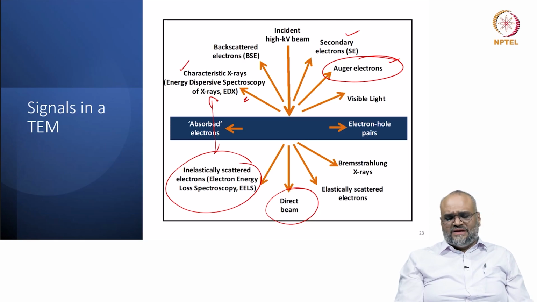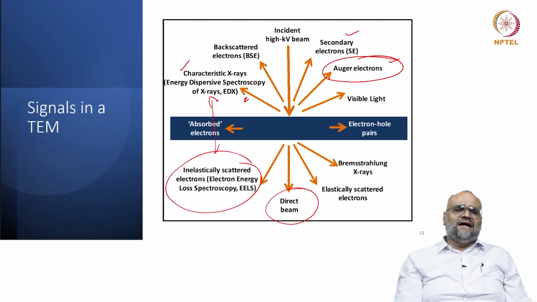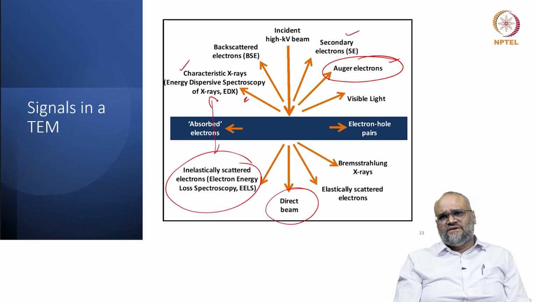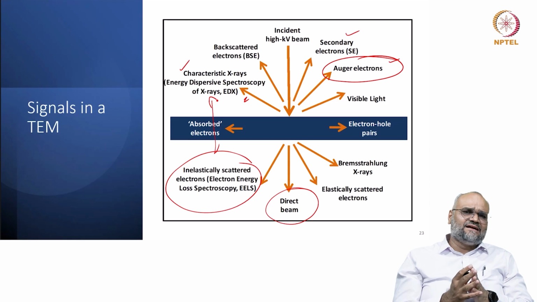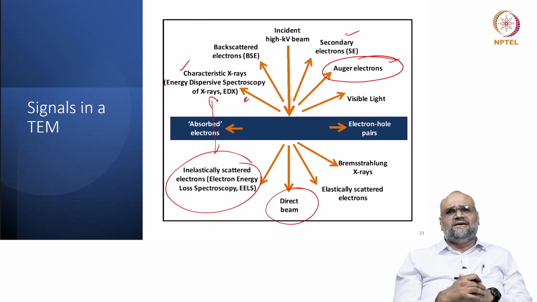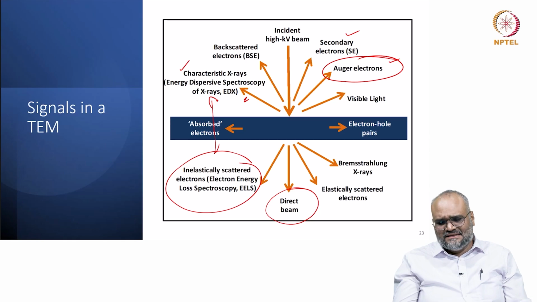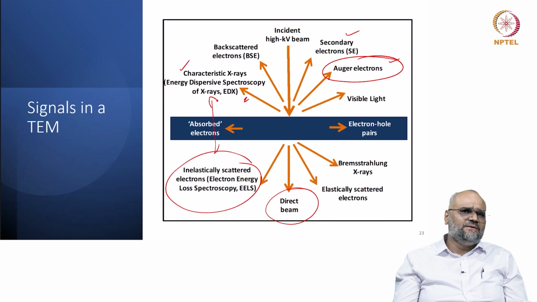So, by using suitable detectors, and from the mechanisms that we know related to the interaction phenomenon, depending on the angles of scattering and the physics involved in how the scattering process happens, you can detect most of these signals and then get useful information from a material.